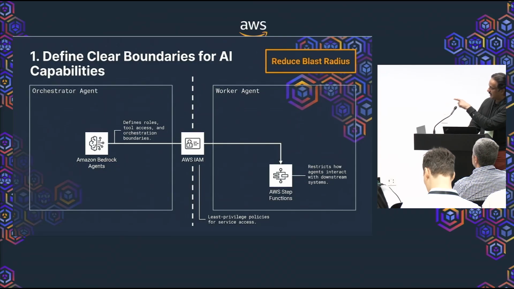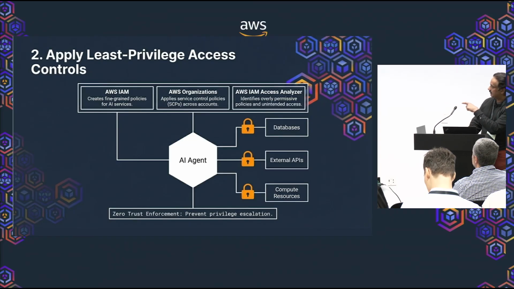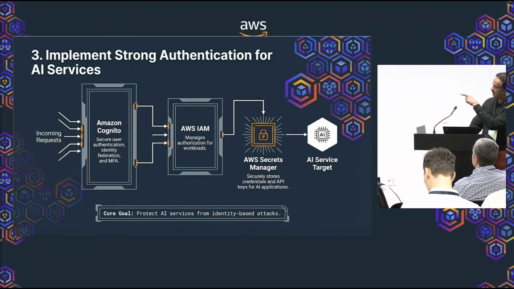Within Bedrock, IAM, Step Functions, Access Analyzer, Organizations, and Cognito, you find out all of the security features that can be enabled and additional monitoring that can be set up to monitor your agentic landscape.